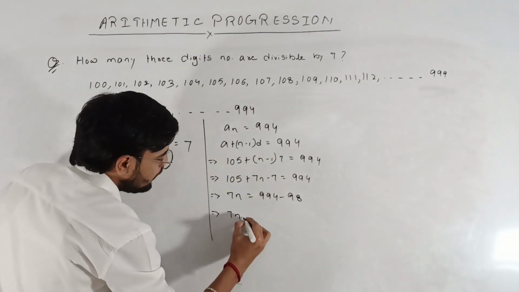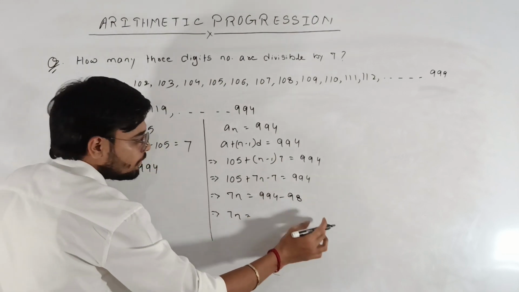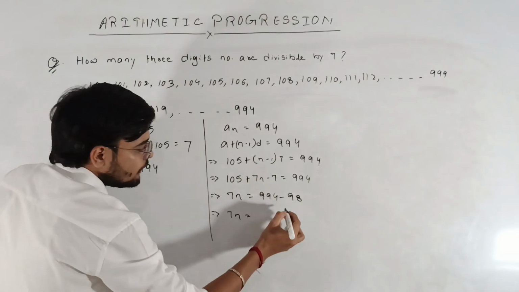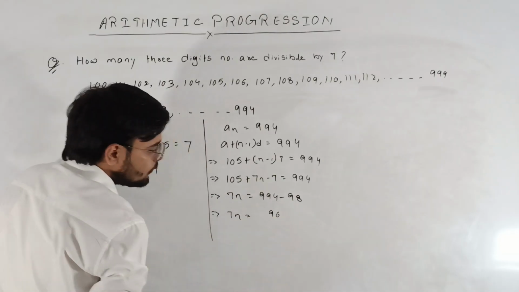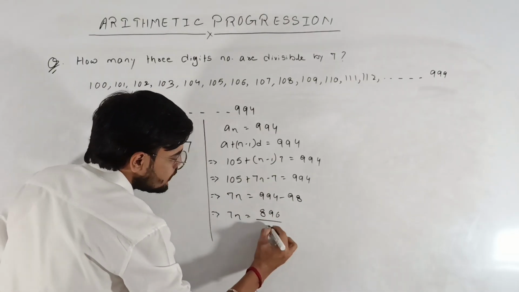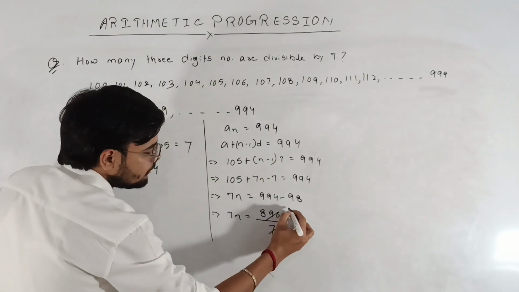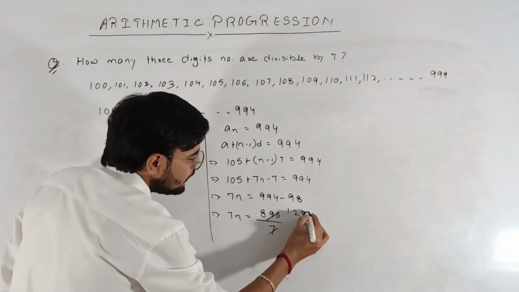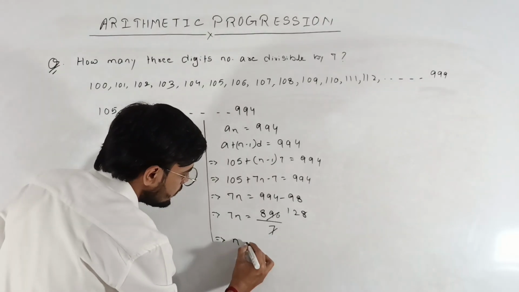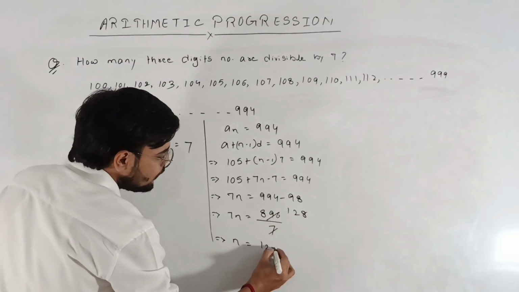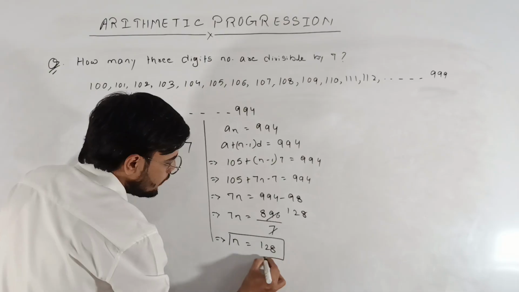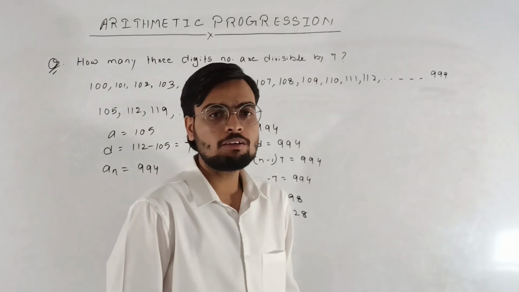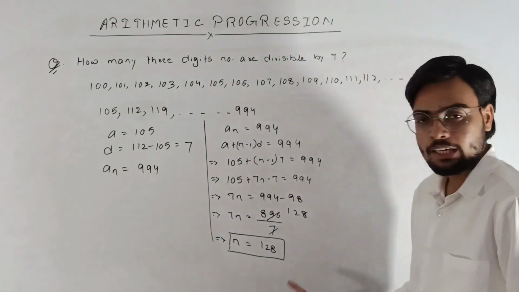Now 7n equals 994 minus 98, which is 896. So n is 896 upon 7. Now cancel it: 7 1 is 7, 7 2 14, 7 5 35, 7 6 42, 7 8 56. So from here n is 128. So the number of 3-digit numbers divisible by 7 is 128.